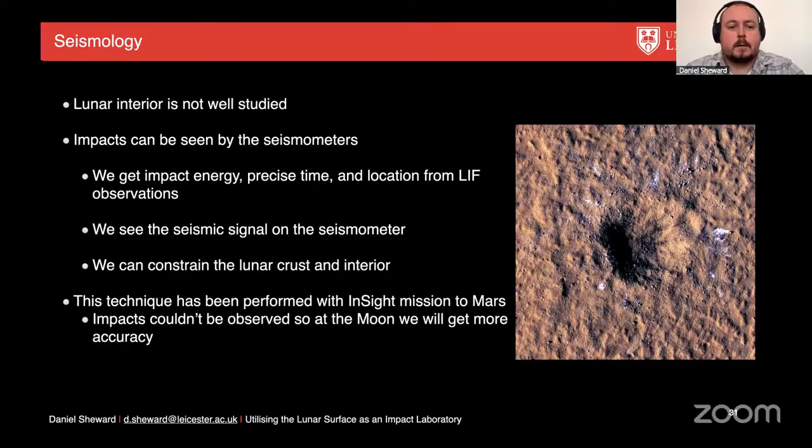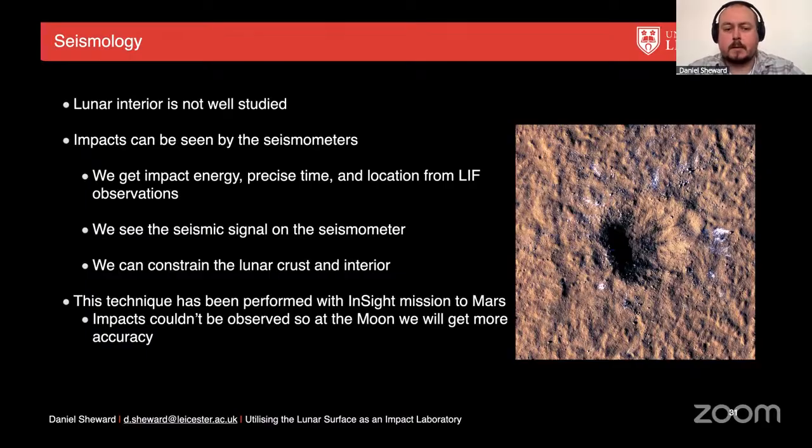We can see the impacts on the seismometers, and we get the energy, the precise time, and the location from observing the flashes. We see the seismic signal on the seismometer, and that means that we know the energy in and we know the energy out, so the only unknown is the crust. So we can use those observations to constrain the thickness of the crust and the interior of the moon.